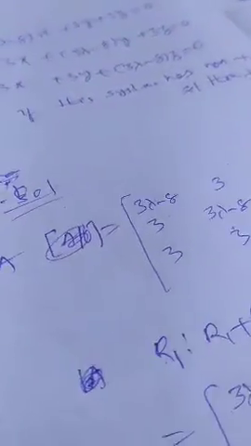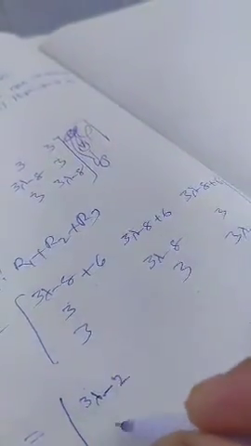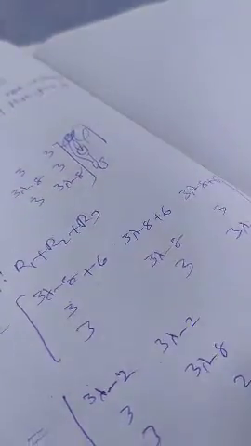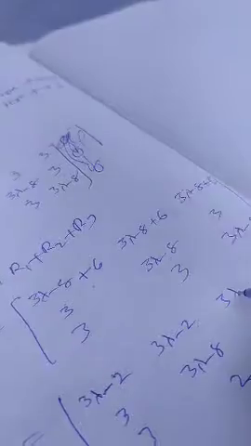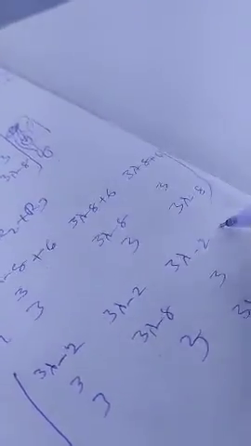Right, now find det A. So the determinant is: 3 lambda minus 2, 3 lambda minus 2, 3 lambda minus 2 in the first row; 3, 3 lambda minus 8, 3; 3, 3, 3 lambda minus 8.